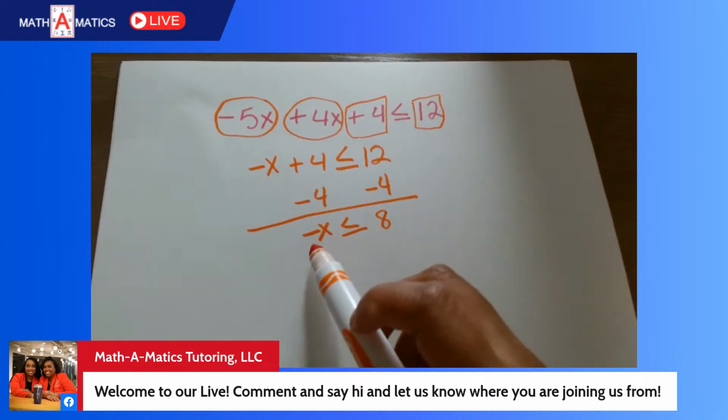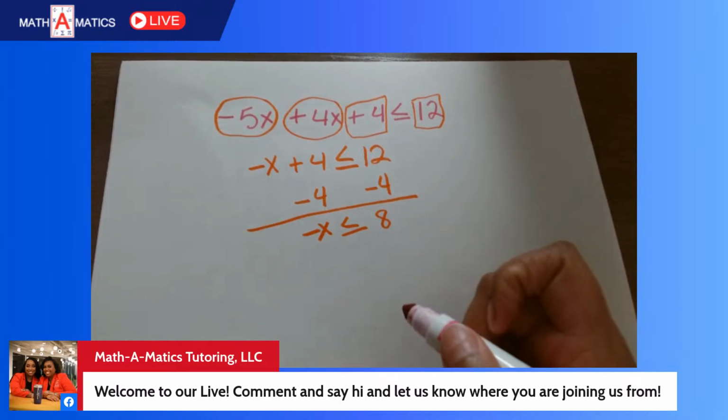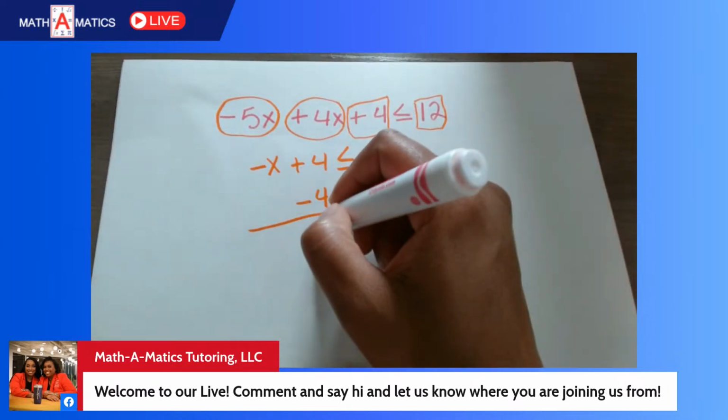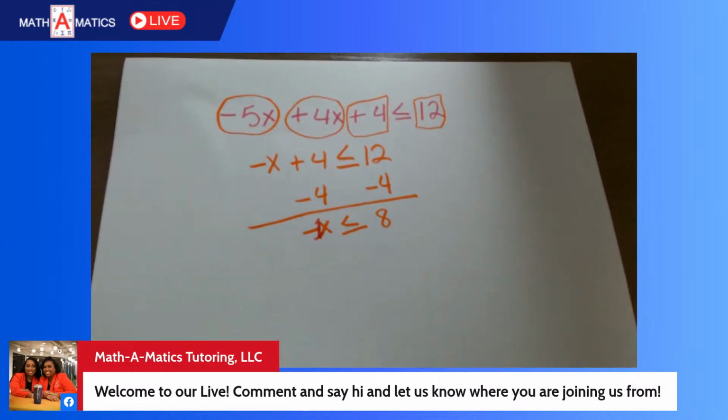Alrighty, and because we have a negative here, even though we cannot see it, all right, Charlotte is in the house. It's really an imaginary one, and I know there's some people out here that don't like me to call it an imaginary one, but we don't write the one. It's just kind of known that this is a 1.